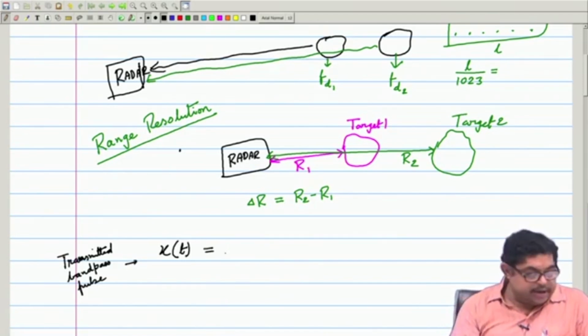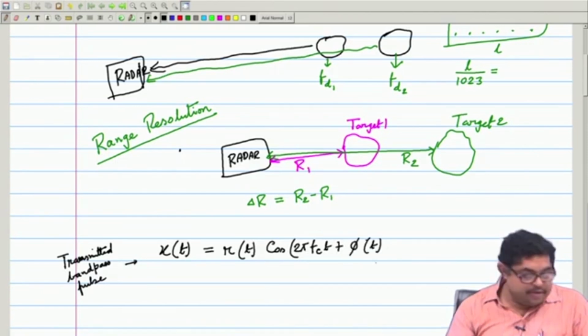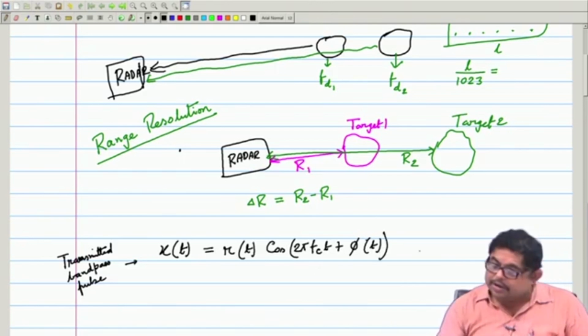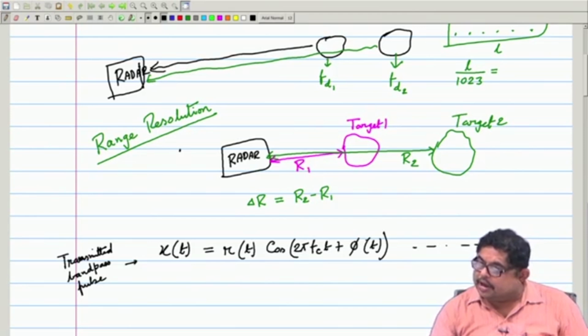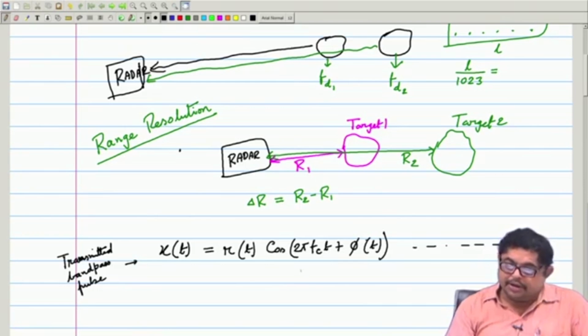So, we can express it as R(t) cos(2 pi f_c t plus phi(t)). So, let us call this our starting point today. We have seen up to equation 29. So, today we are seeing equation 30.